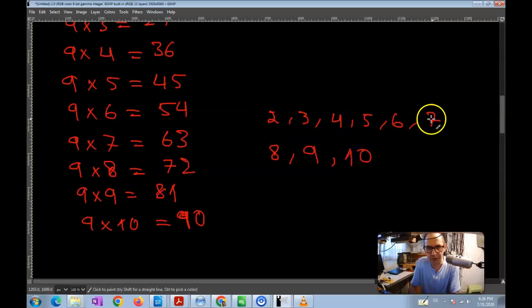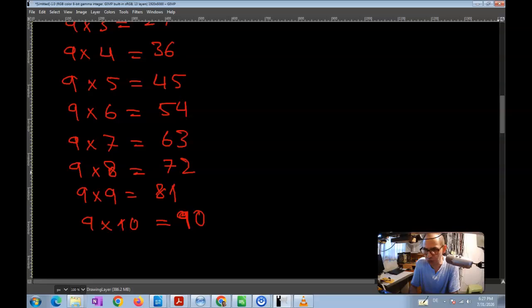Now, if you are in lower classes, like class 2, 3, 4, 5 or something like that, hopefully you have understood the meaning of multiplication and also the necessity of memorizing or learning these multiplication tables, because if you don't know how to do that, then you will not be able to do multiplication, the long multiplication algorithm, right?